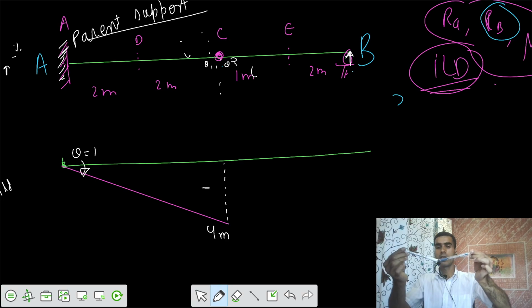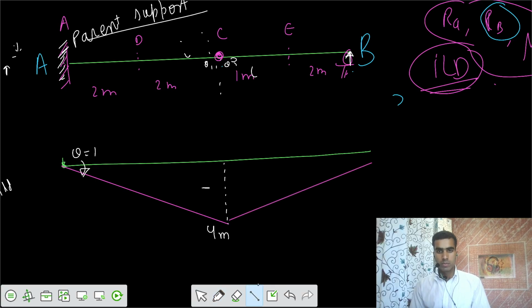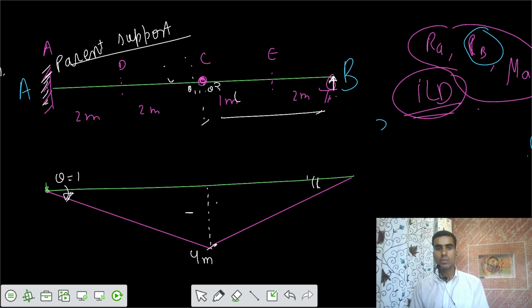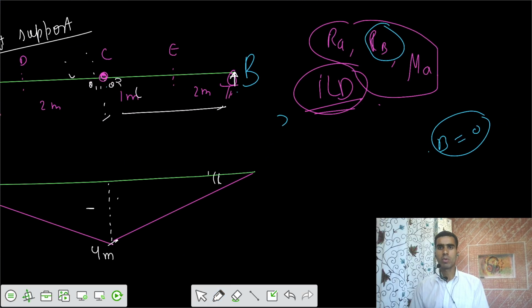So that's your internal hinge at point C. So this is the final profile, the ILD for moment at A. This is your theta, and this won't be the same theta because this is 3 meter, so there might be some other theta. Okay, we got it. This is your ILD for moment at A.